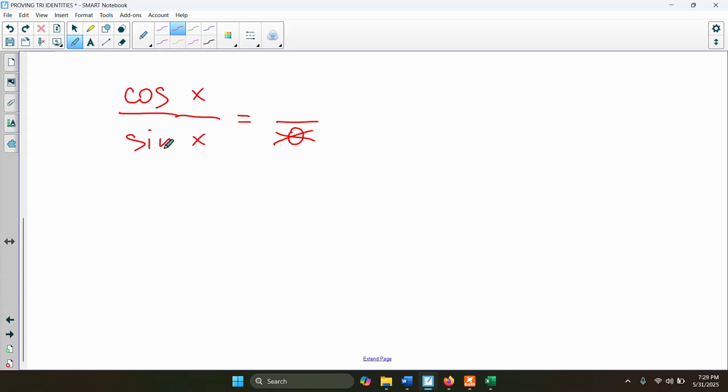In other words, in this case I would be saying x is not allowed to be zero, because for those of you who know a little trigonometry, sine of zero is zero. But it would work for other values. So we just limit this only to the domain where it does work.